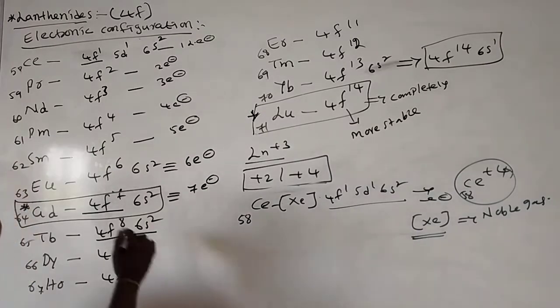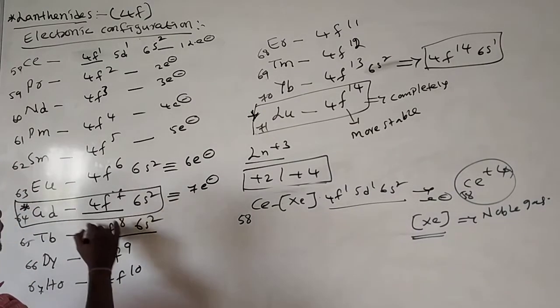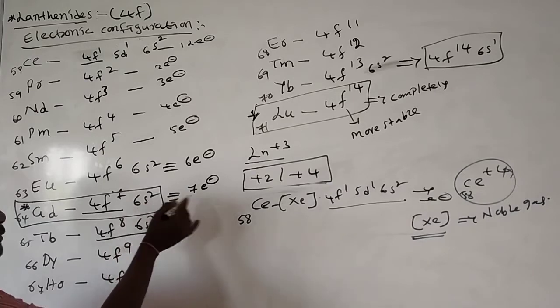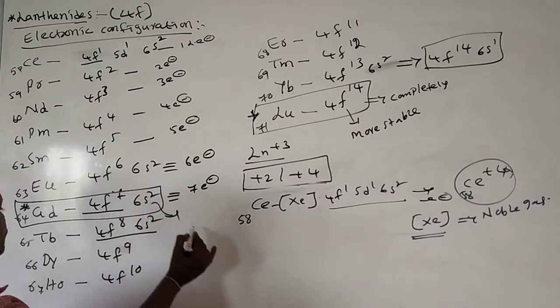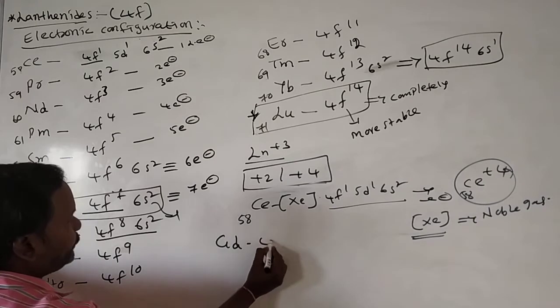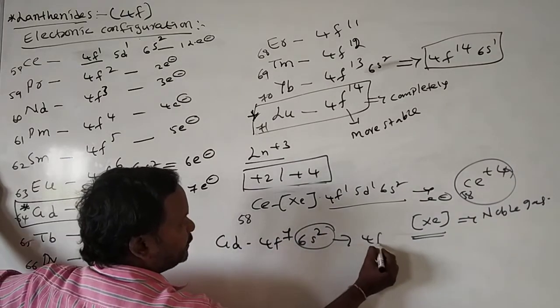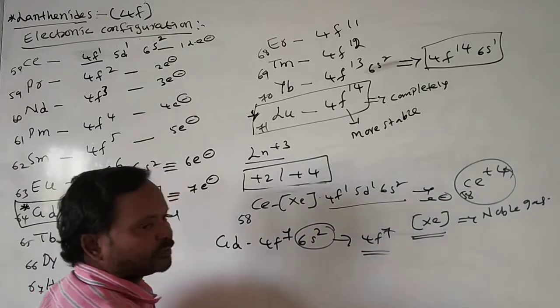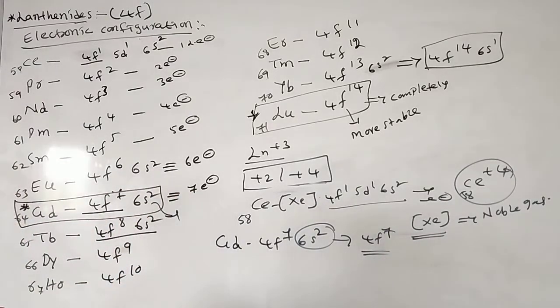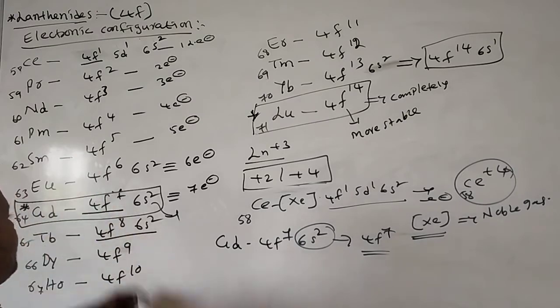Suppose gadolinium is there, Gd 4f7 6s2. If it loses 2 electrons, we get 4f7. This is also more stable. Before that, europium exhibits a +2 oxidation state.